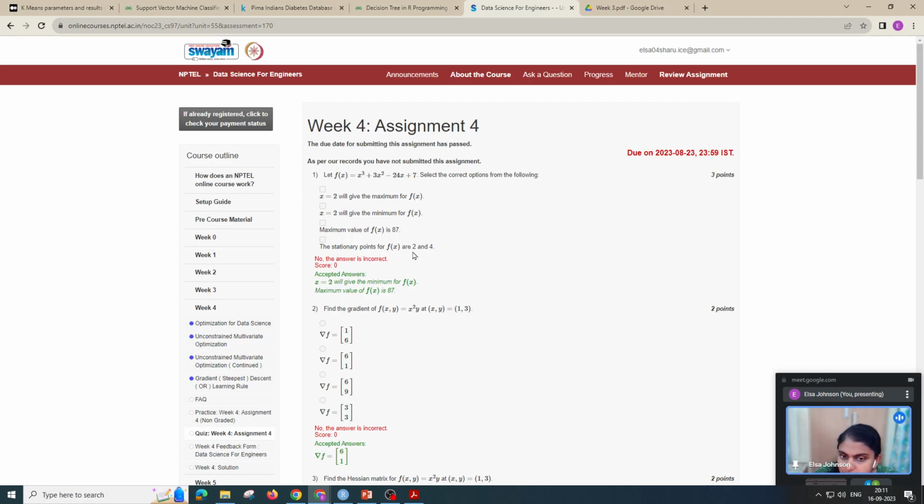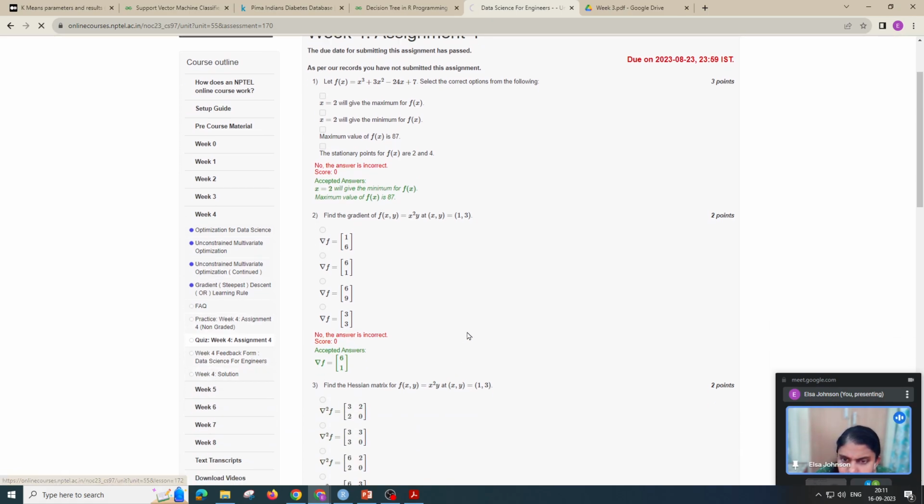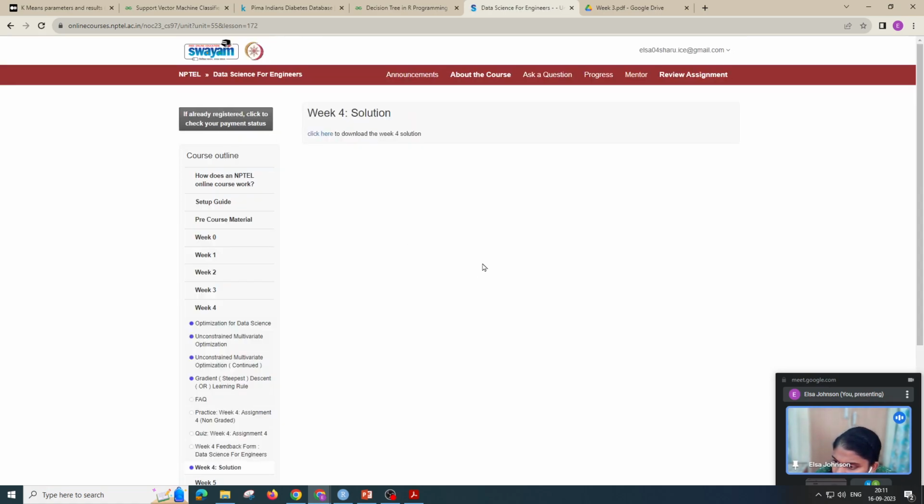You can check the options, and whichever is coming closer you can select. In case a particular function has many minimums, maximums, you can just look at the options, and whichever is closer, select that. The closer answer will be in the options, okay.